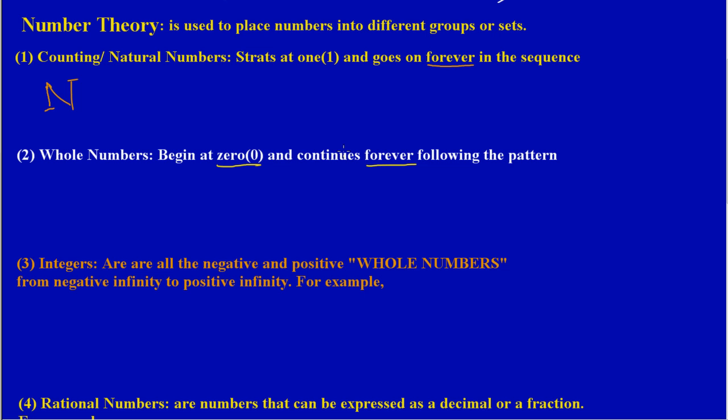So the set of N numbers, which are counting numbers, and when we're representing a set of numbers, we always use curly brackets, and it starts at 1 and it goes up to 2, 3 in the sequence, 4, 5, and I think you would get the basic idea there.